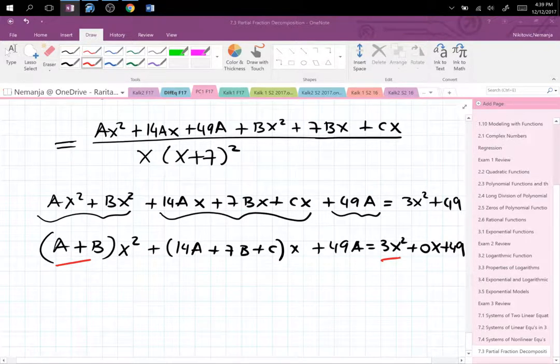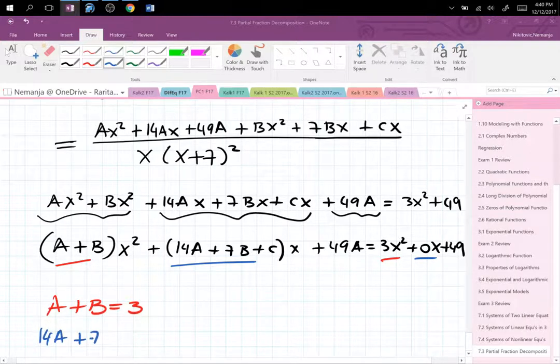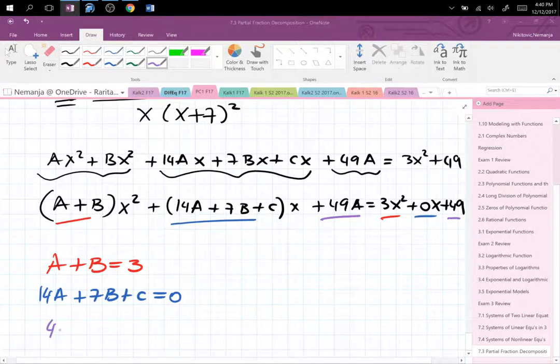Red, which is a plus b, is 3. Blue is 14a plus 7b plus c equals 0. And then purple, 49a is equal to 49.